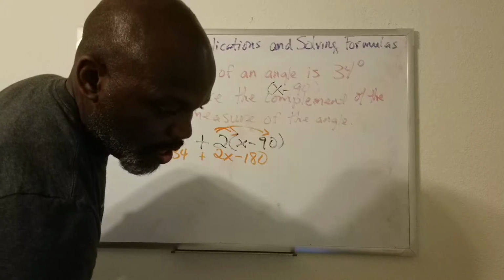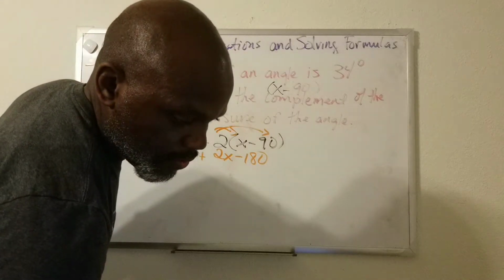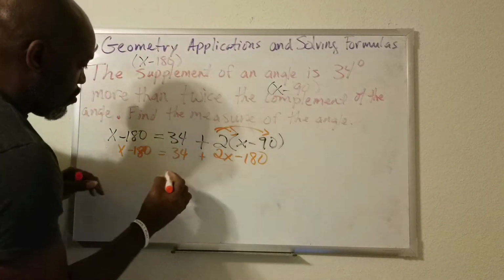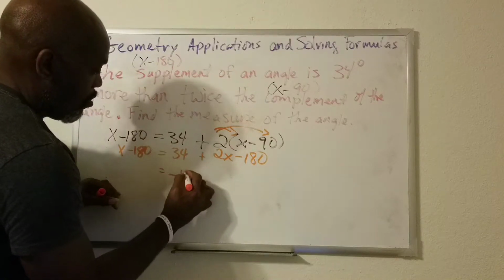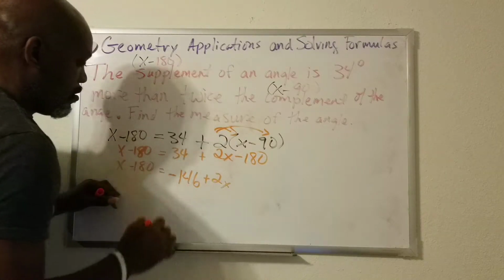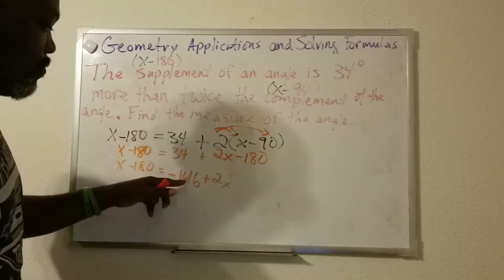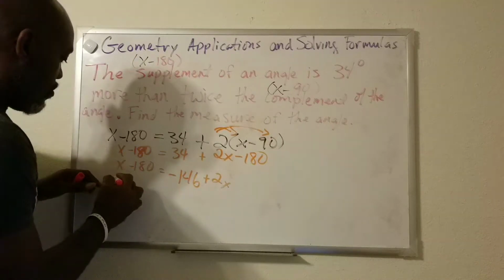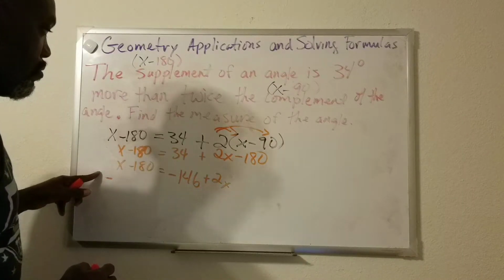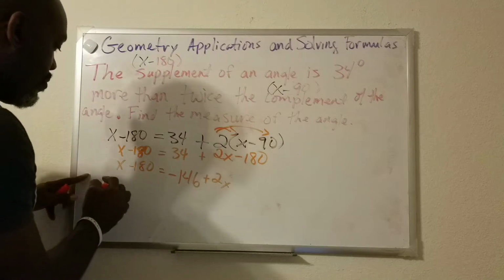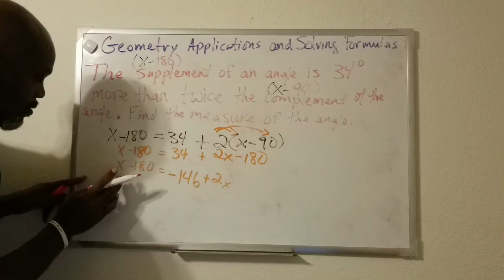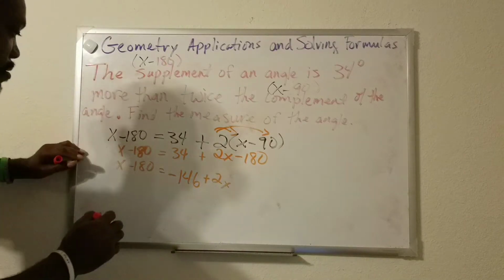Could have kept that, 180 minus 34. Okay, so that's going to equal negative 146 plus 2x. So it's x minus 180 equals negative 146 plus 2x. Okay, I am going to, is that right? Yeah. I'm going to have minus x. Oh, remember. Let's see.